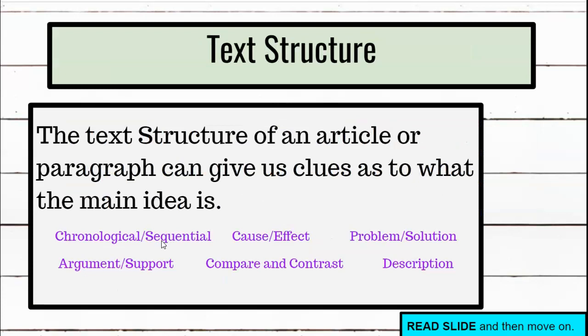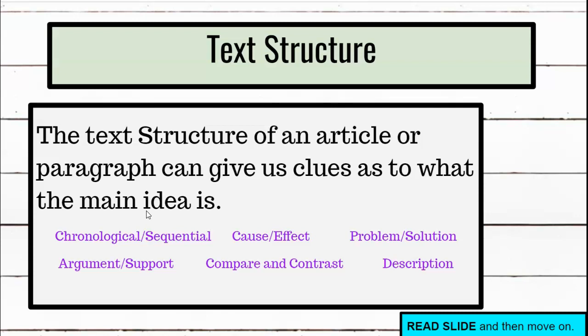The final element that goes into your main idea is the text structure. The text structure of an article or paragraph can give us clues as to what the main idea is, such as chronological sequential. Are they telling us about something that has to go in order? Cause and effect. Are they focusing on an event and telling us what the results were? Problem solution.